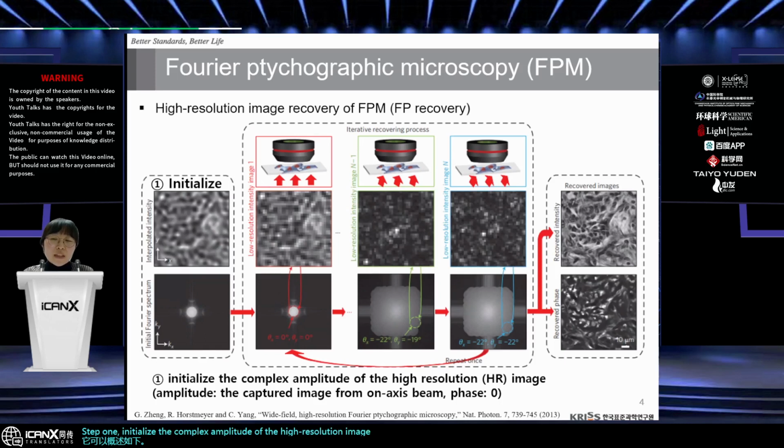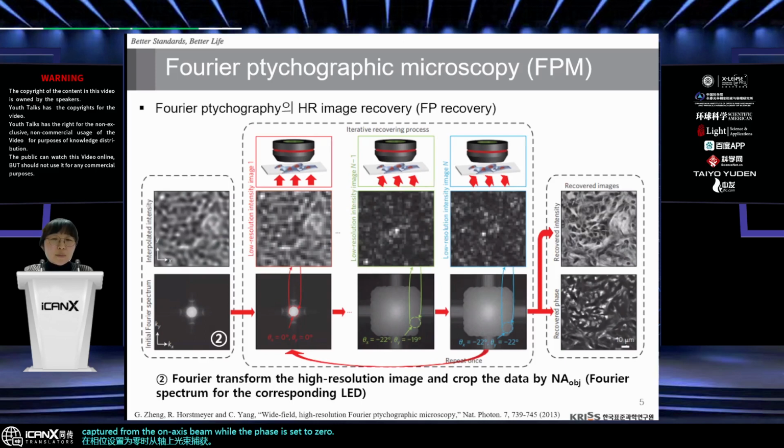Typically, the amplitude is obtained using images captured from the on-axis beam, while the phase is set to 0. Step 2, Fourier transform the high-resolution image and crop the data by the NA of the objective lens centered around the corresponding LED position. This becomes the Fourier spectrum for that particular LED.